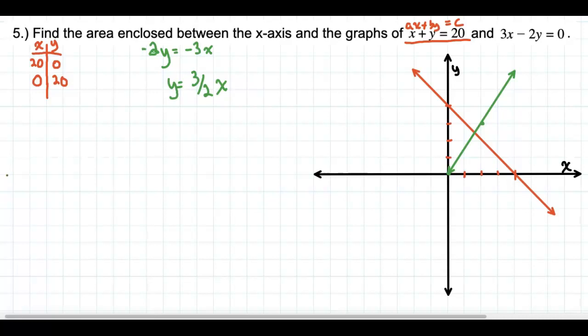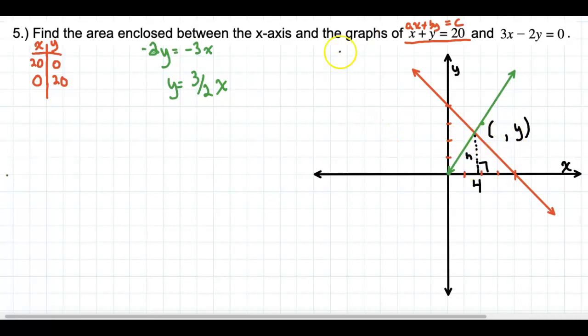So this is my height here, and that's h, the height of the triangle. The base we can see is 4 units, right? So we just have to find the area, which is half the base times the height. So we need to find out what the intersection is there, the y value. That's all we really need.